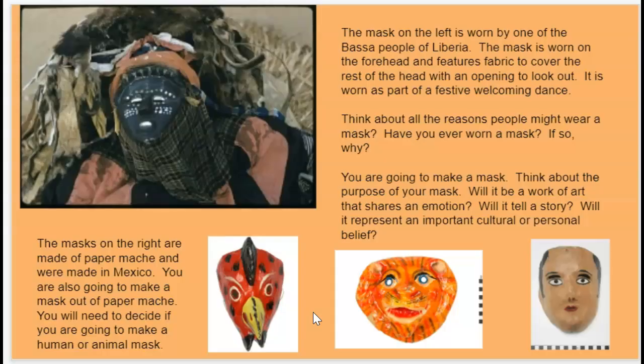And so again, your challenge is to decide how you want your mask to look. Does it have a backstory? What inspired you to make it? And come up with a plan.